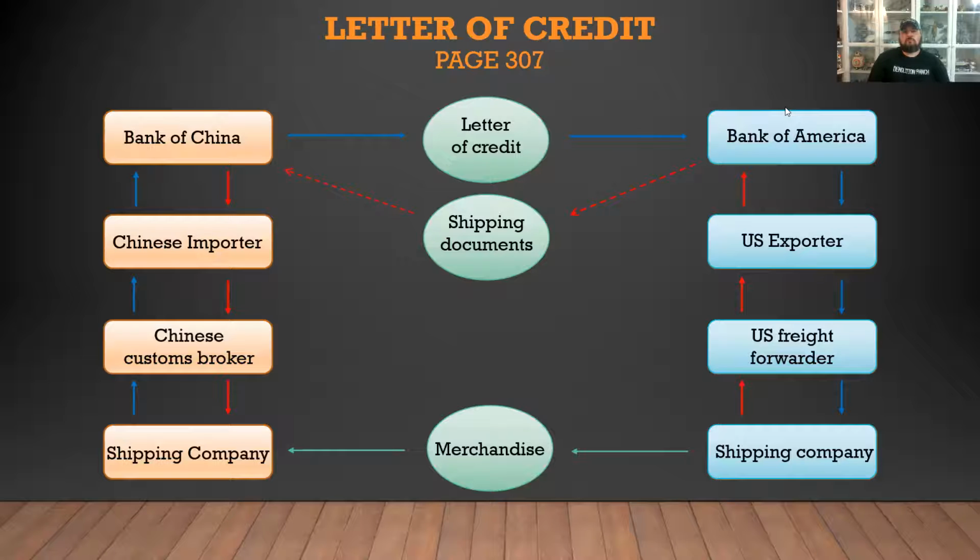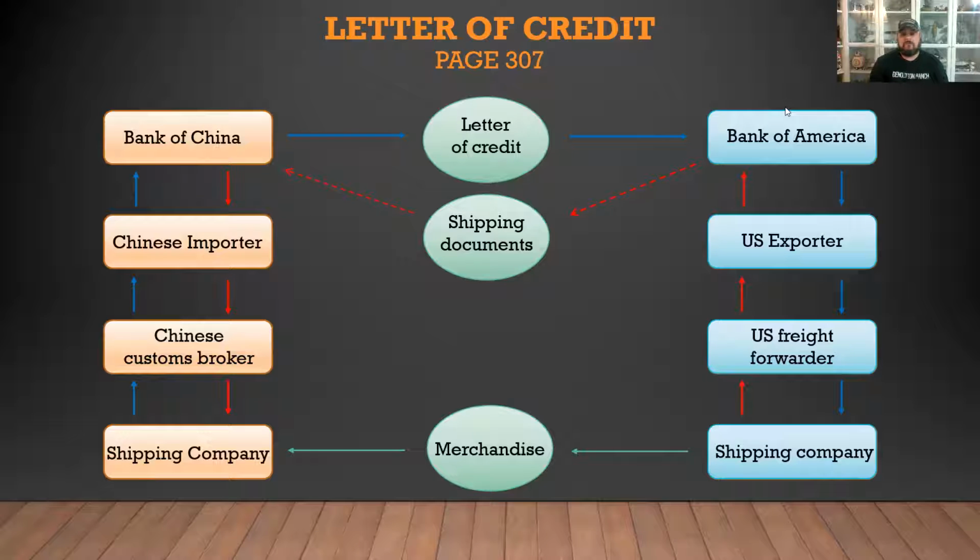As you can see by the blue lines, the U.S. exporter, who has maybe never done business with the Chinese importer before, doesn't necessarily trust them, just unfamiliar with them, decides he wants to go through his trusted bank, Bank of America, and then the importer will go through their trusted bank, Bank of China. Between these two banks who have done business together many, many times, probably a lot of these types of transactions, they issue a letter of credit. So the U.S. exporter is guaranteed a specific sum of money upon receiving the merchandise by the Chinese importer.